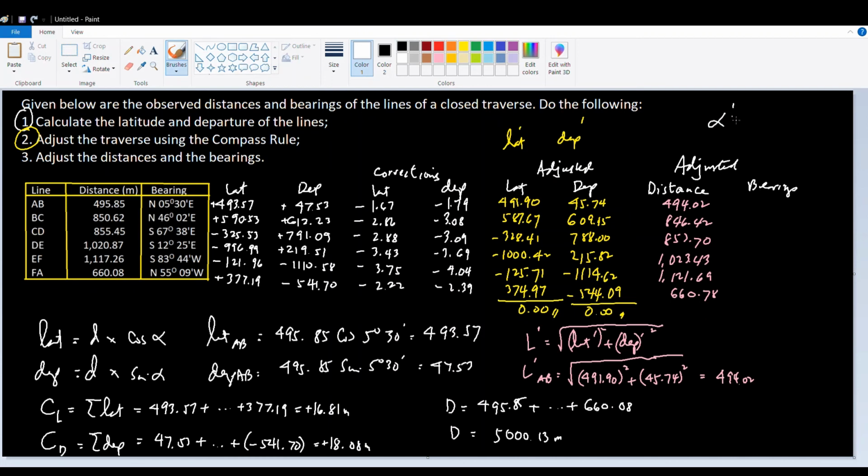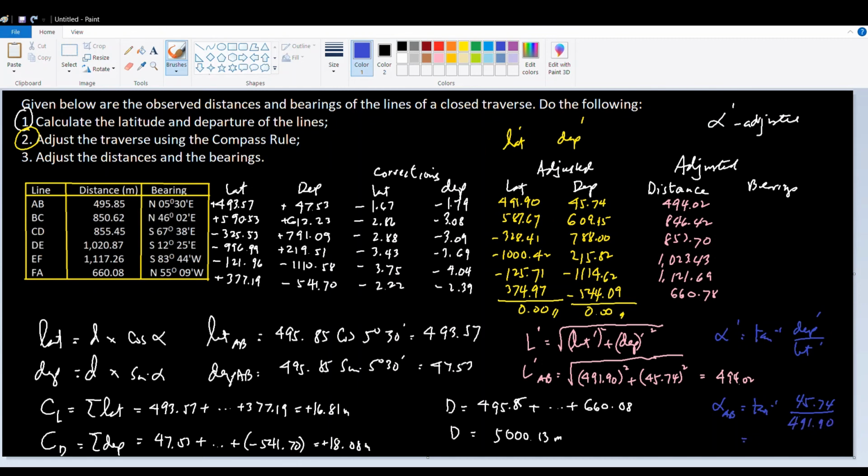How about the adjusted bearings? The adjusted bearings will be denoted by alpha prime. Alpha prime is equal to arctangent of the adjusted departure over the adjusted latitude. So alpha of AB will be arctangent of the adjusted departure of AB, 45.74, divided by 491.90.